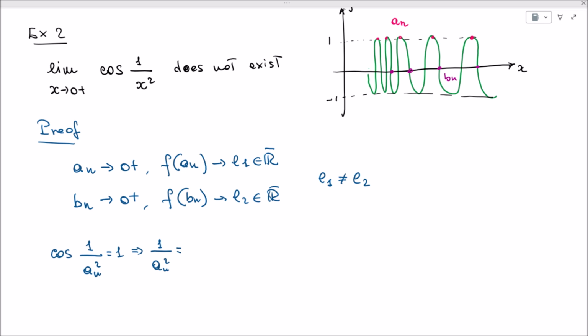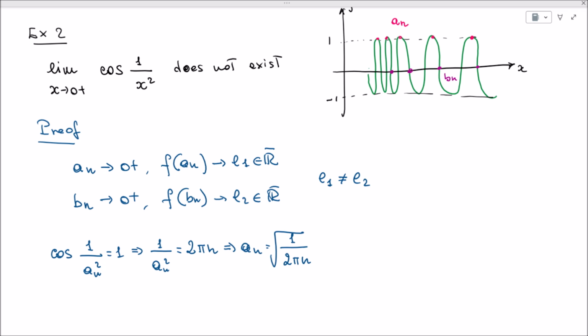Well, for 1 over an squared equal to 2 pi n, which implies that an would be the square root of 1 over 2 pi n.